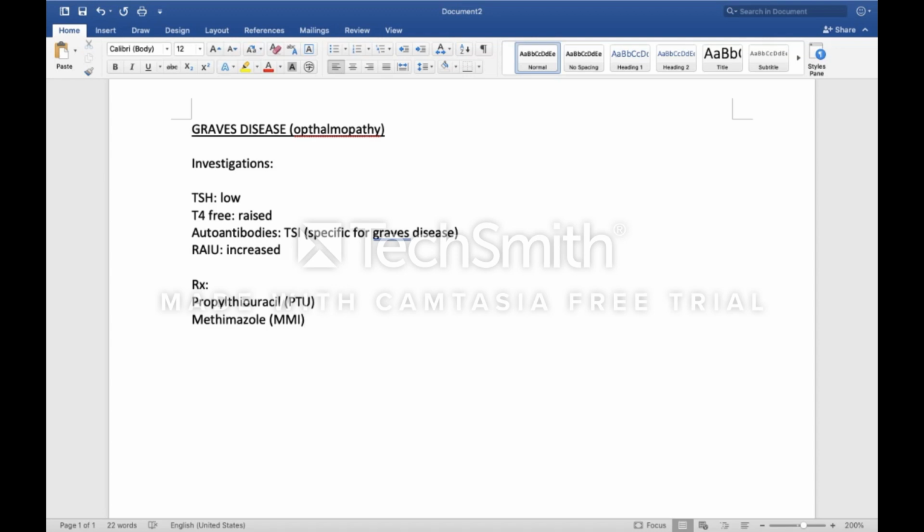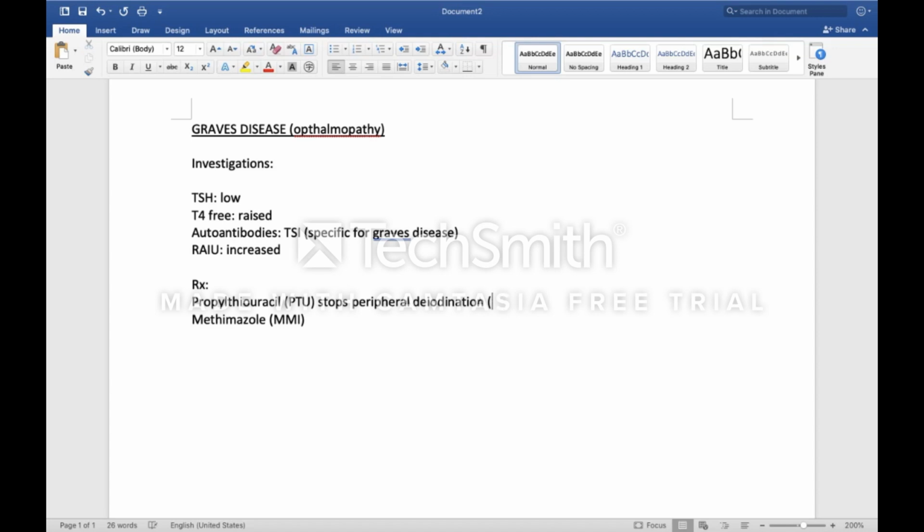The good thing about PTU, propylthiouracil, is that it also inhibits peripheral deiodination. As I have explained this point many times, what is that?